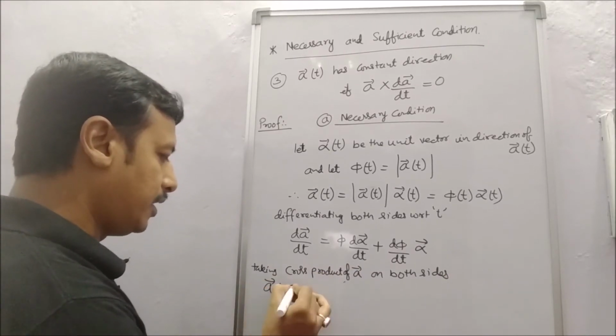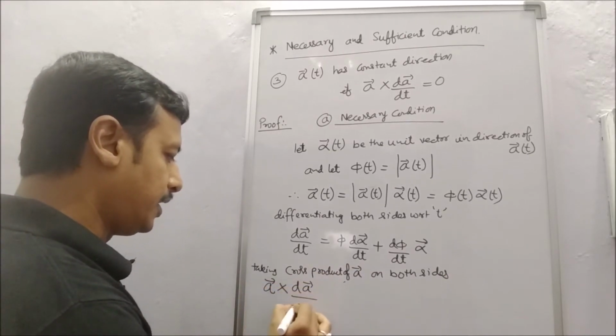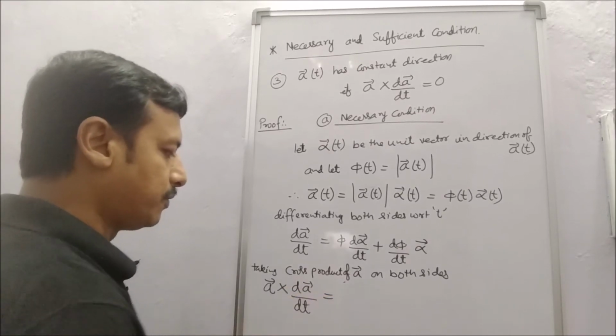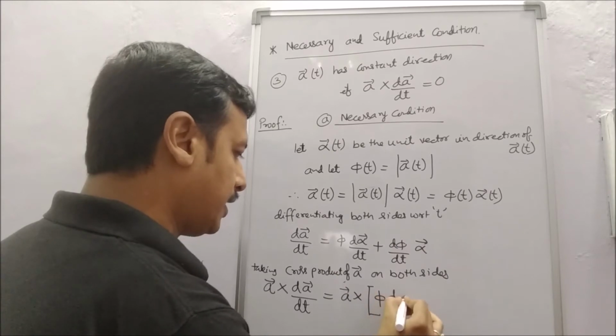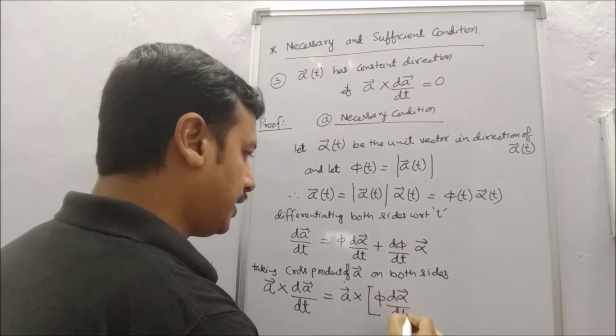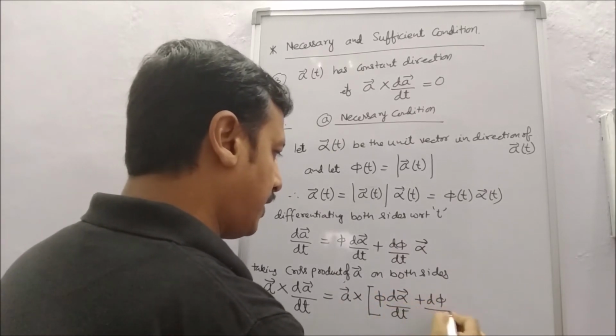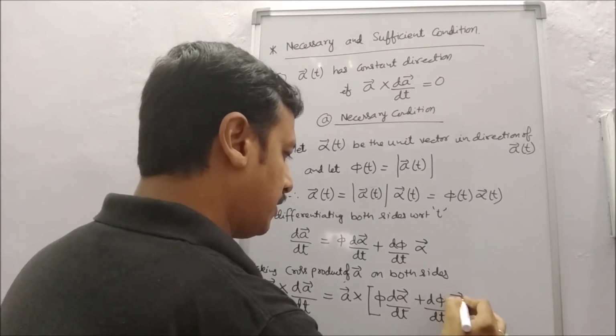So A cross dA by dt is equal to A cross phi d alpha by dt plus d phi by dt into alpha.